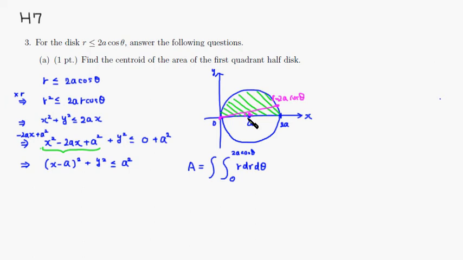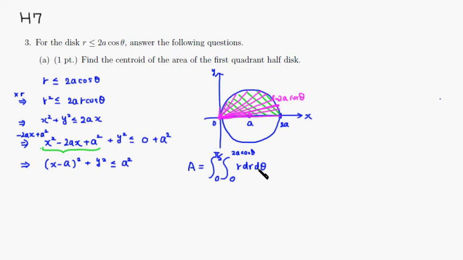Angle-wise, the angle starts from 0 and keeps sweeping across the half disk. To cover the entire half disk, the angle goes up to pi over 2.